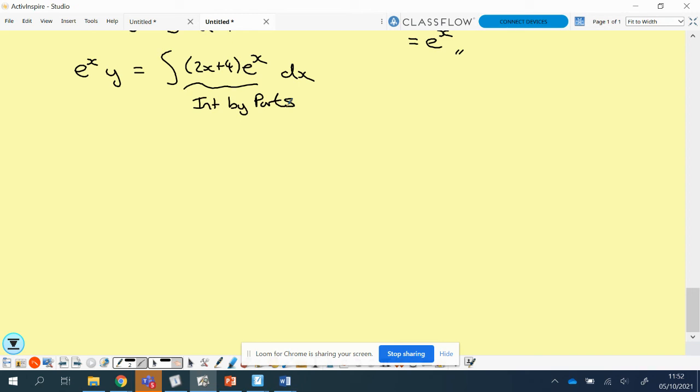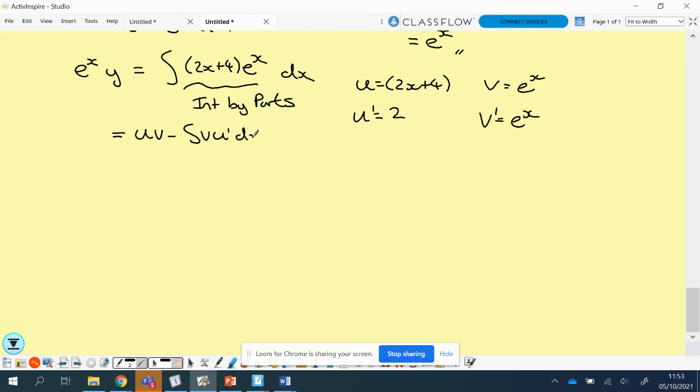So if I make u equal 2x plus 4, if I differentiate that, the reason I picked that one to differentiate is because the power will decrease. That just becomes 2. If I make my v prime e to the x, if I integrate e to the x, I just get e to the x. So that's uv minus the integral of v u dash dx.